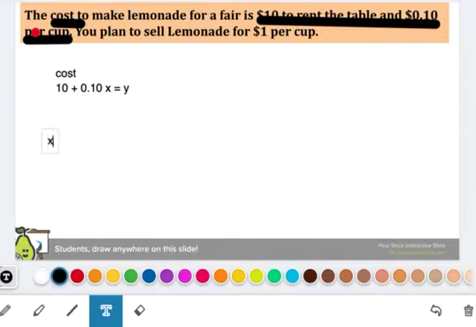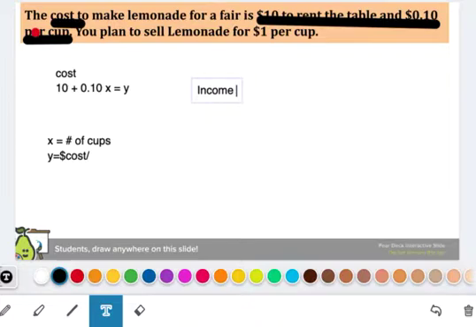So X represents the number of cups of lemonade, of course, that's what we're talking about. And Y represents how much it costs you to buy your supplies. It also is going to represent the income, because you're going to have to find income.